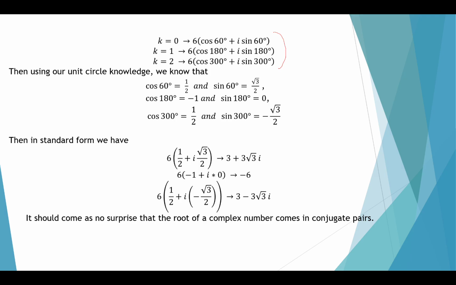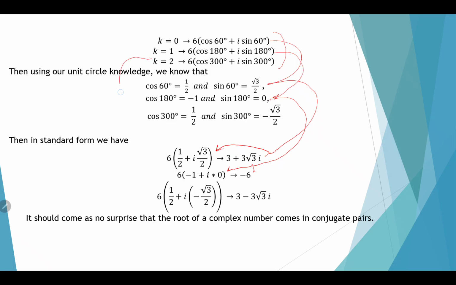So then in standard form, this first one becomes this, which becomes this, which then becomes this, right? I just plug it in and do the multiplication, and then the second one becomes this, and then this, which then becomes this.